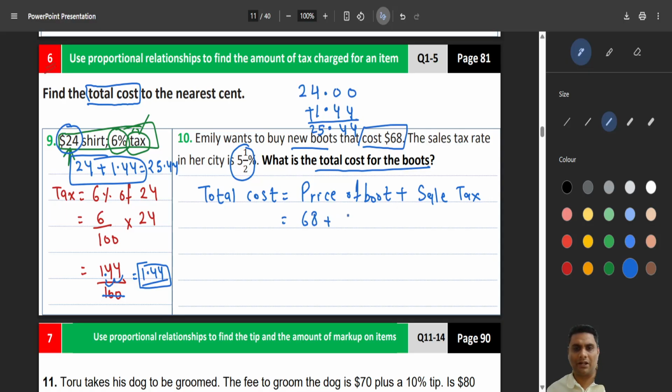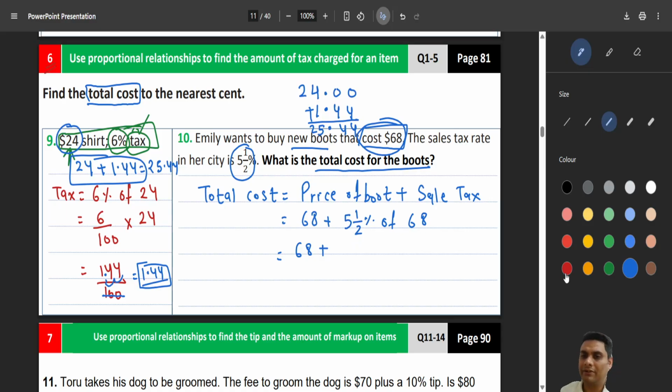Tax is 5.5% of, we charge the tax on the price of the item, so of 68 again. We have to change this percentage into dollars and then add it to 68 to get the total price. So let's do it. 68 plus. Now this is a mixed number, right? We will change the mixed number into a fraction.